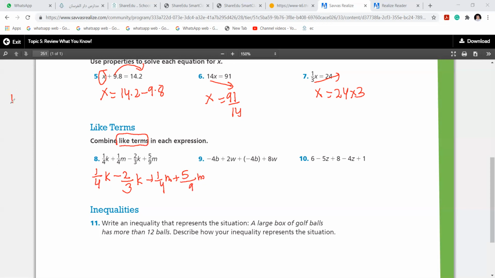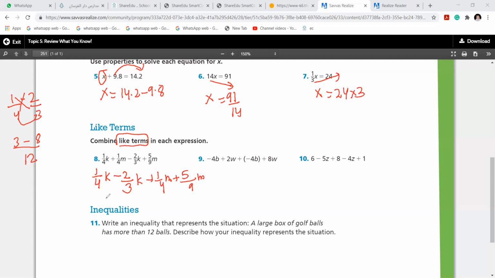Let us solve 1 over 4 minus 2 over 3. 12, because I told you cross multiply, and 3 minus 8. So I get, I think you remember this, I told you 4 times 2, 8, 3 times 1, 3.